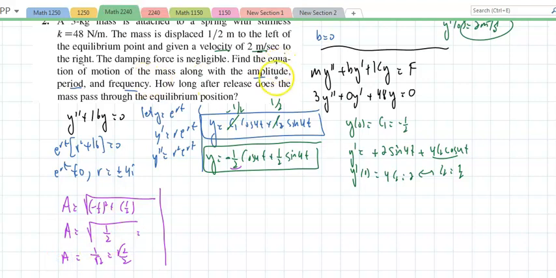Find the amplitude, we did. The period. Period is 2 pi divided by 4, since it's a 4 for both, right? That would be pi over 2. And if I look for natural frequency, that would be 2 over pi, basically the reciprocal of the period.